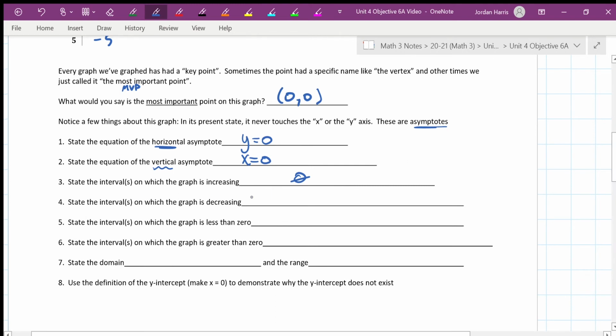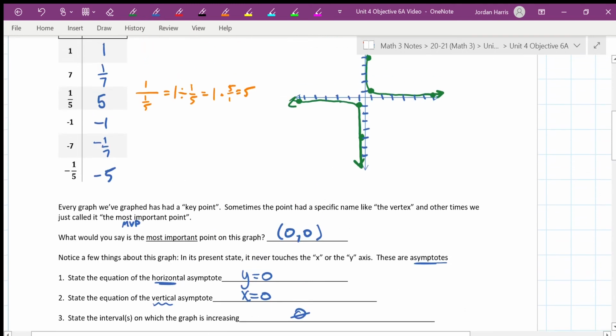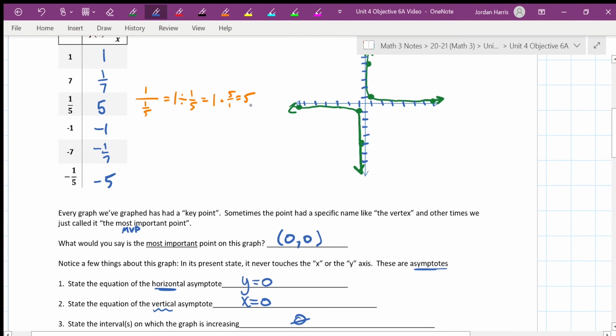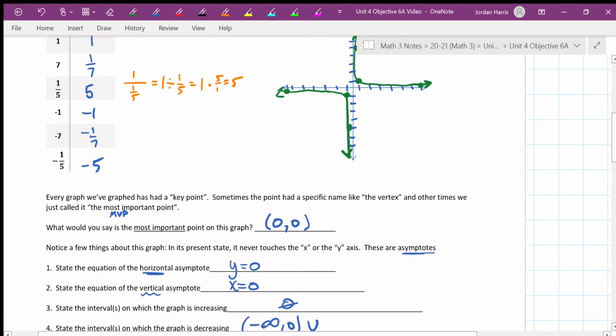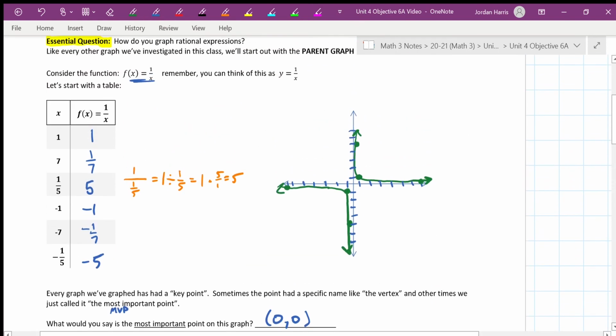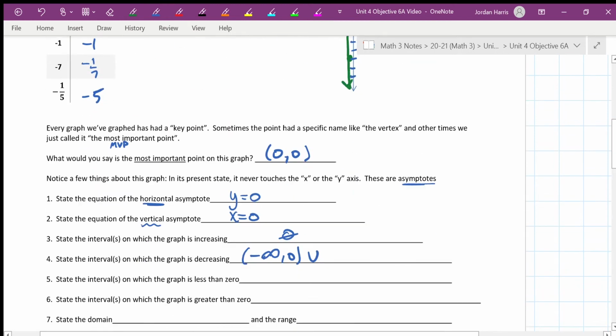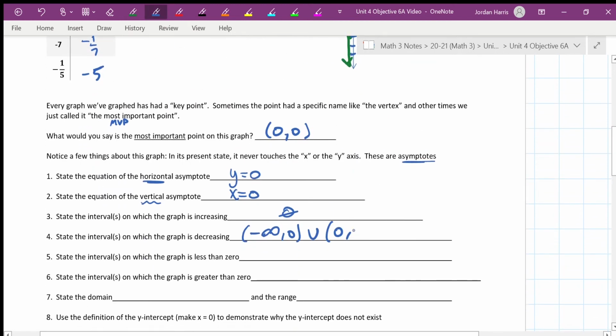When we define the decreasing, we have to look at the domain. So I'm decreasing from negative infinity, because domains are x values, to 0. That's the first grouping. Then the second graph starts back up at 0 and goes to positive infinity.